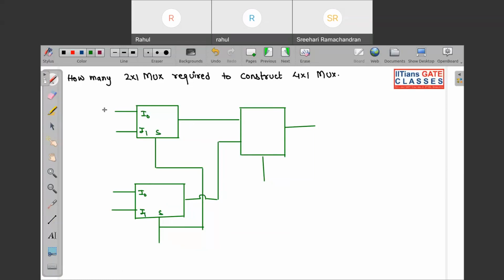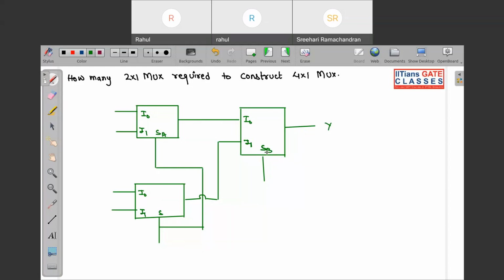Okay, can you tell me, I haven't written, I have just marked both of them as S only. So let me write it as SA and SB. So which of the selection lines is MSB and which of them is LSB?